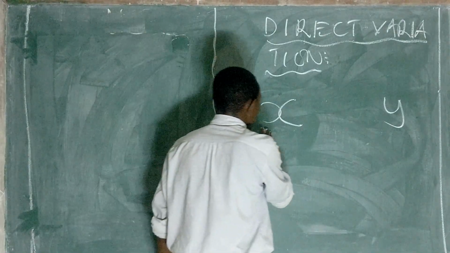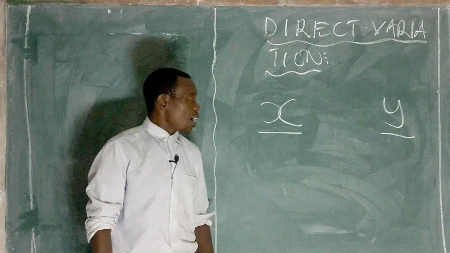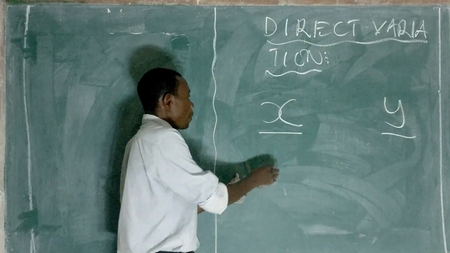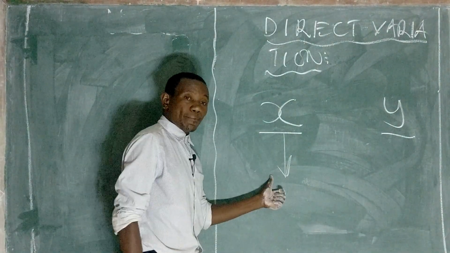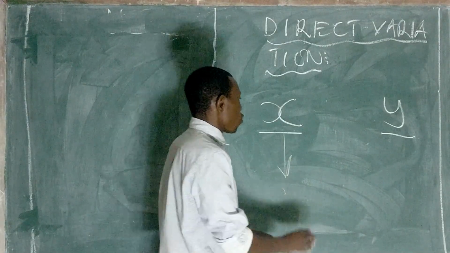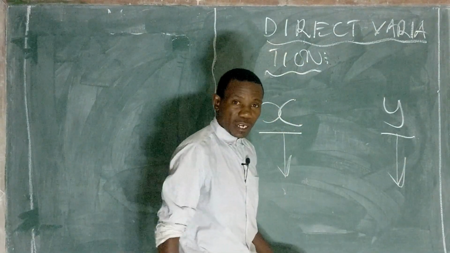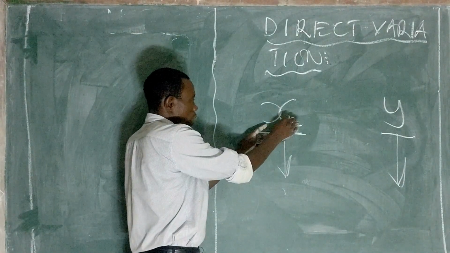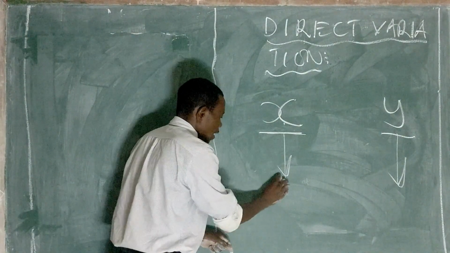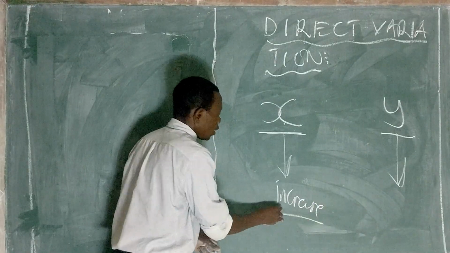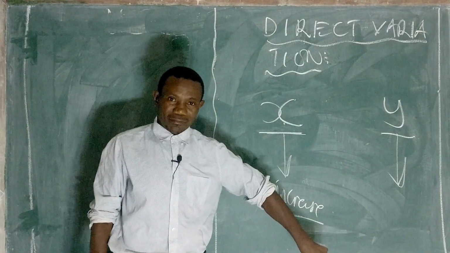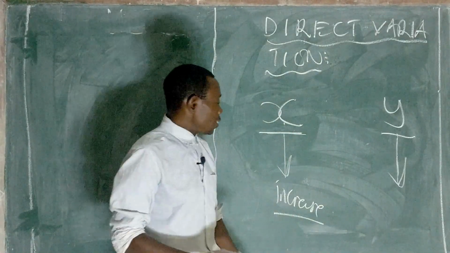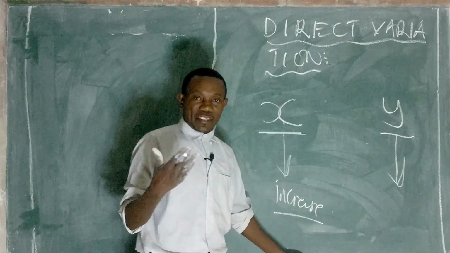Right, when we say X varies directly as Y, we are looking at a situation whereby the same measure of change that happens to X will also affect Y. For example, when a quantity X increases, the quantity Y will also change by increasing, more like by the same measure.